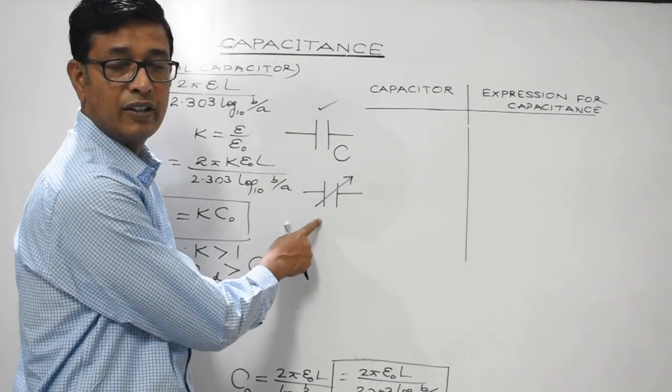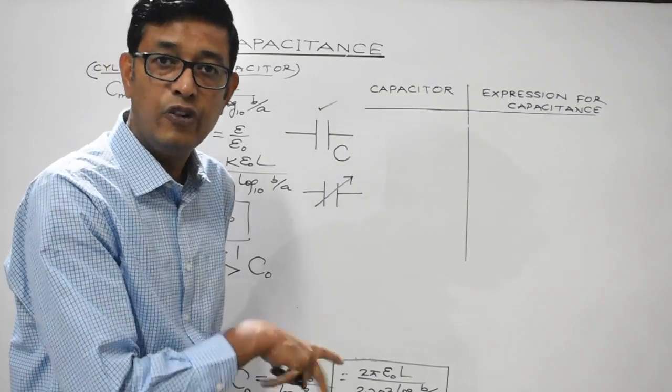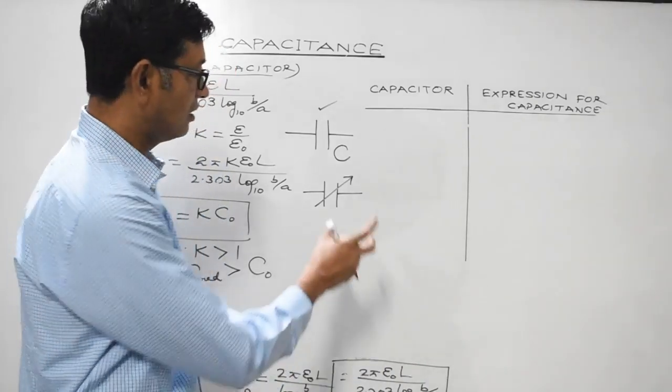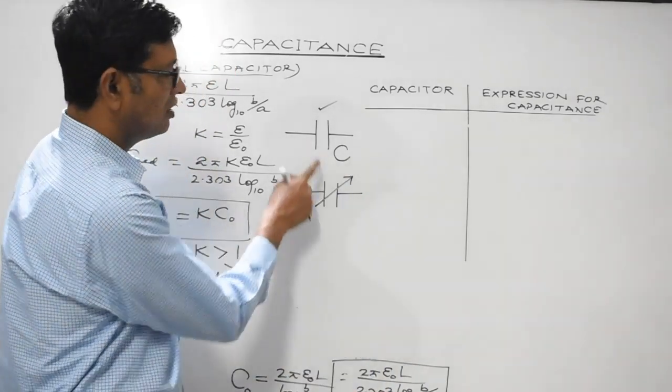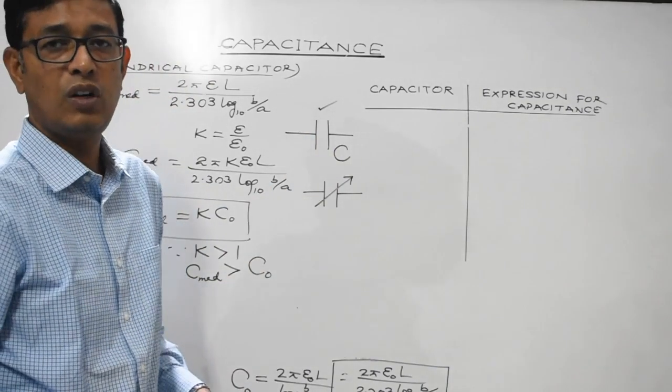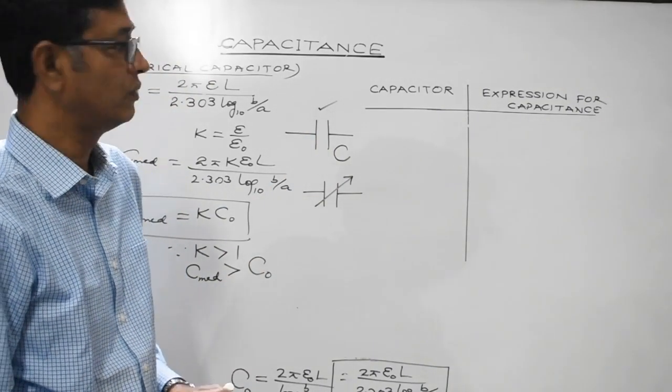This is the symbol of a capacitor having varying value of capacitance. That is, the capacitor whose capacitance can be changed, right? So these are the symbols we'll be using while drawing circuit diagrams.